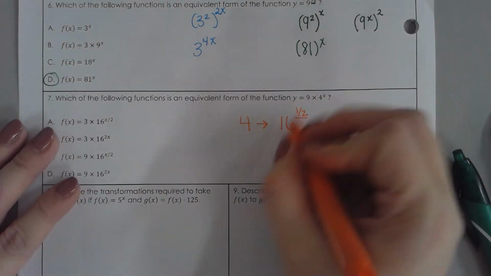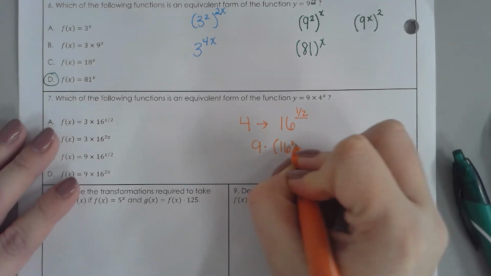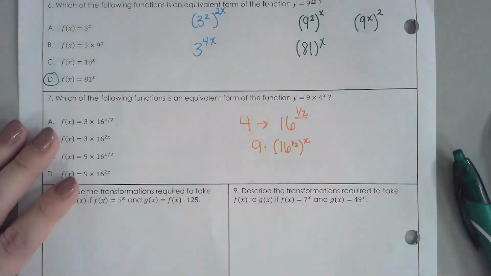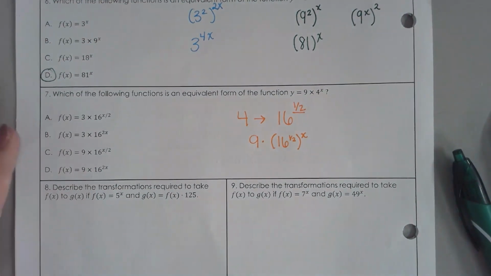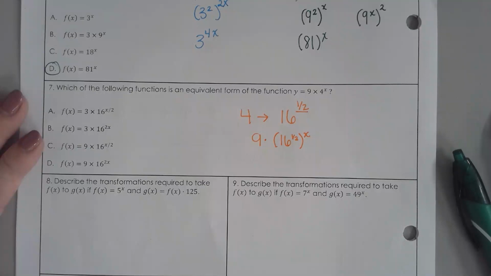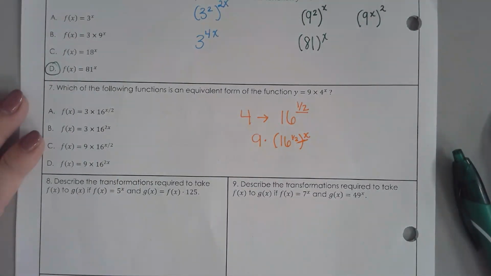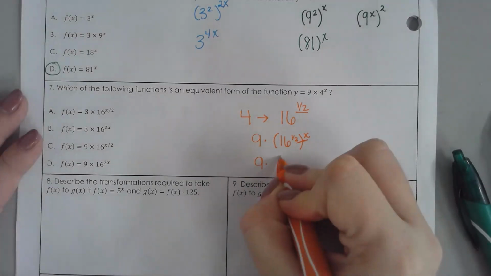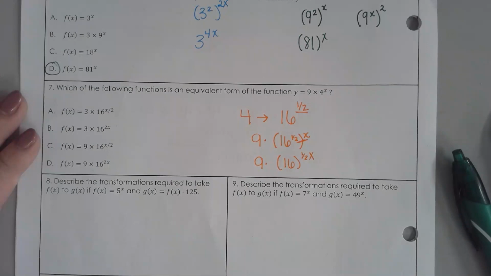So I can change this to 9 times 16 to the 1/2 power to the x. So I replace that 4 with a 16 to the 1/2. And exponent to exponent, those multiply. 9 times 16 to the 1/2 x.